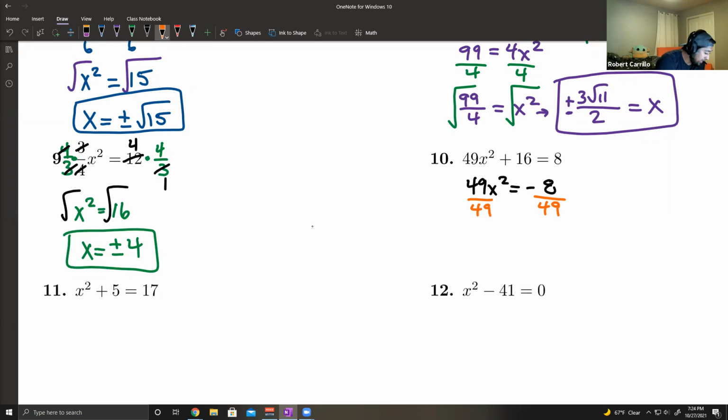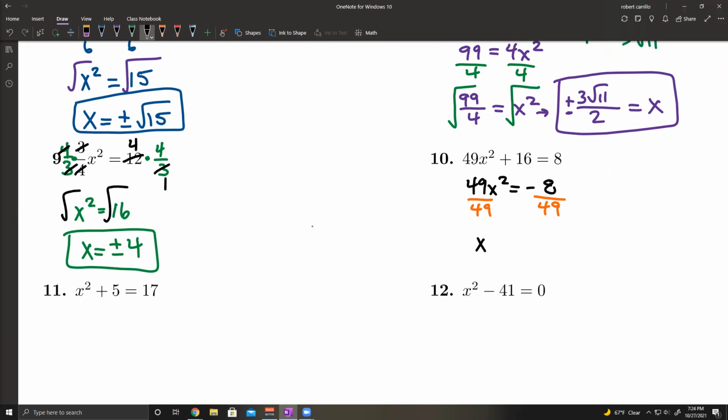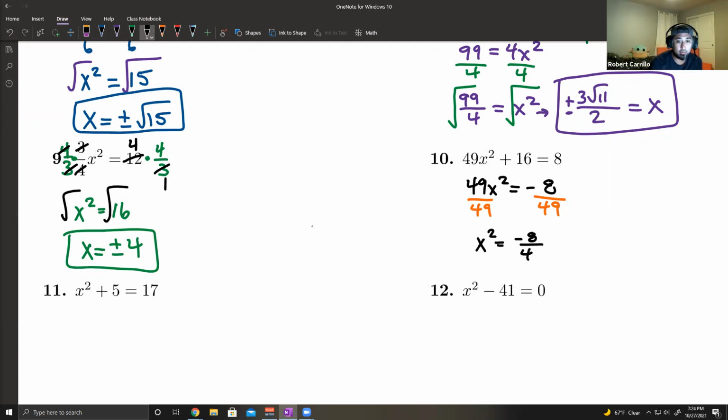And 8 and 49 don't reduce, right? No. So you're left with x squared equal to -8 over 49. And then you square root both sides. And here's what we're looking at. All right.